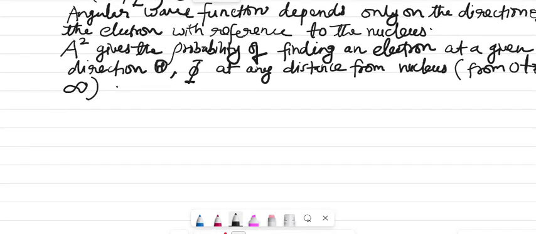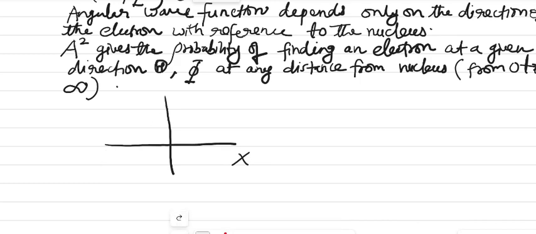Now for the 1s orbital, we can show the angular wave function as, suppose this is the x-axis, this is the y-axis, and this is the z-axis.